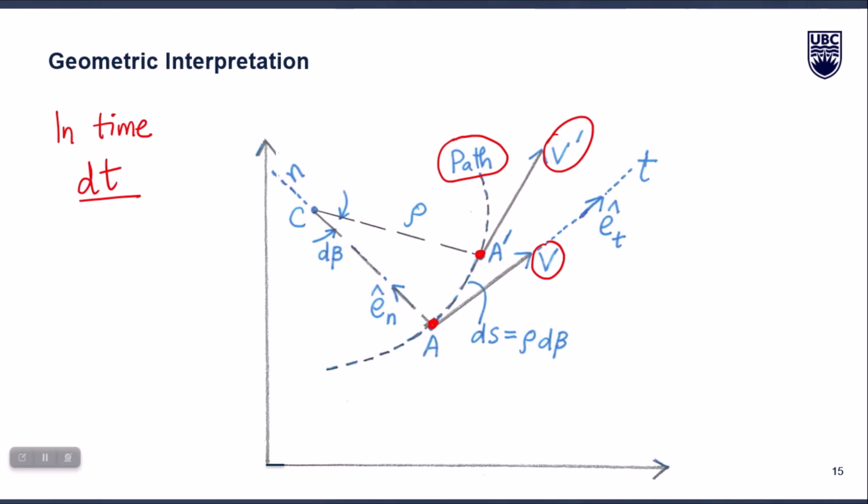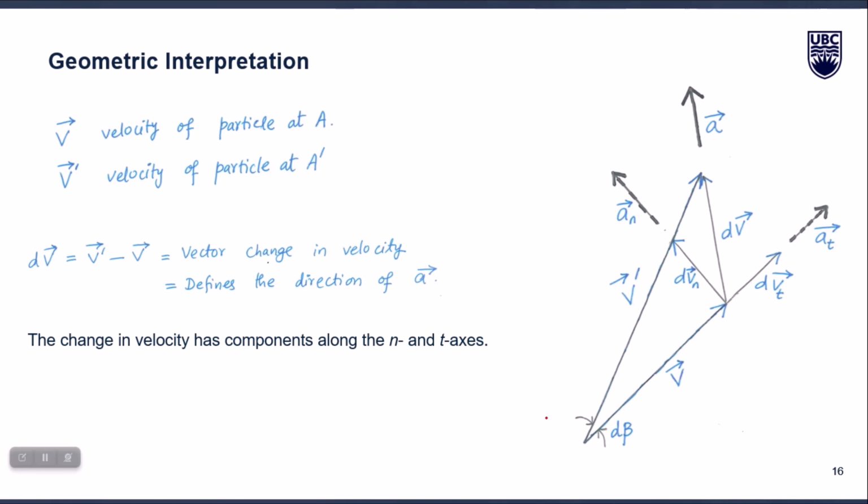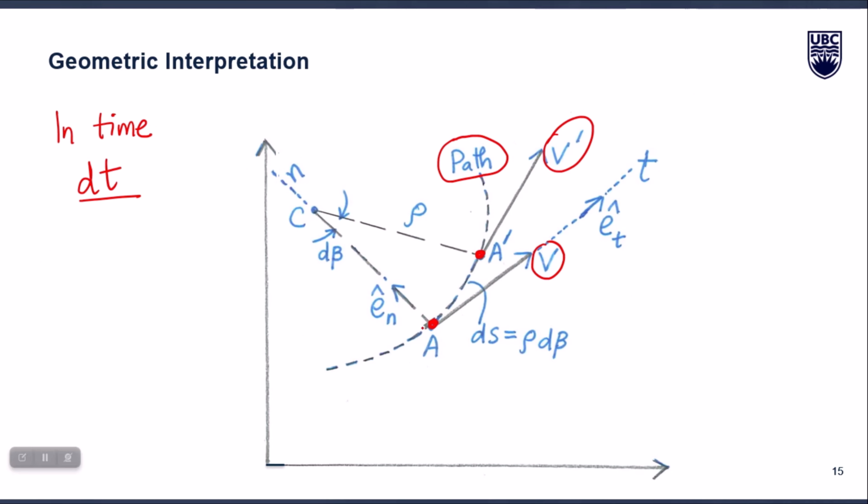So what I am doing now is starting the v vector and v prime vector from the same common point, right? And since the normal axes at both points A and A prime were making an angle d beta with each other, their perpendiculars, which means the tangential axes, will also be making the same angle d beta with each other, right?